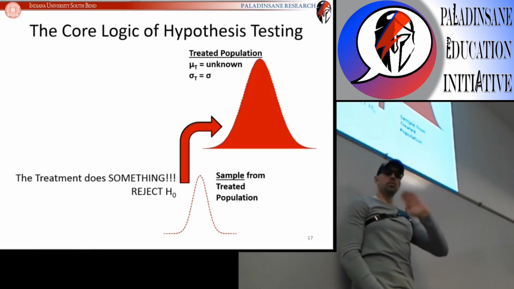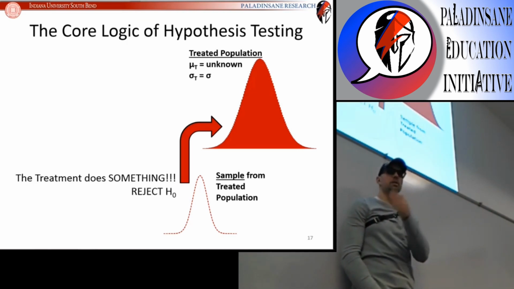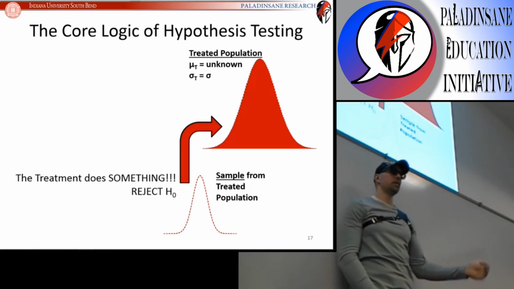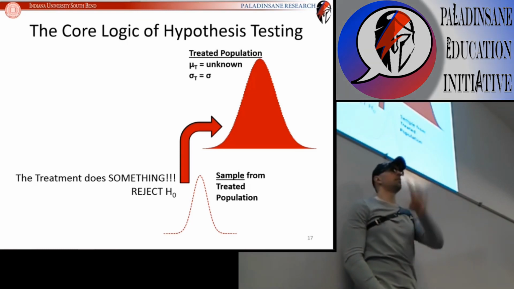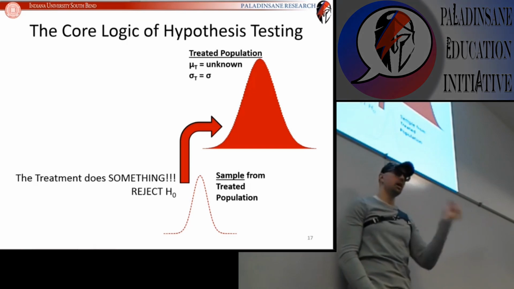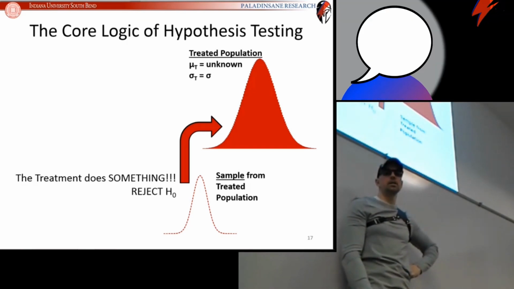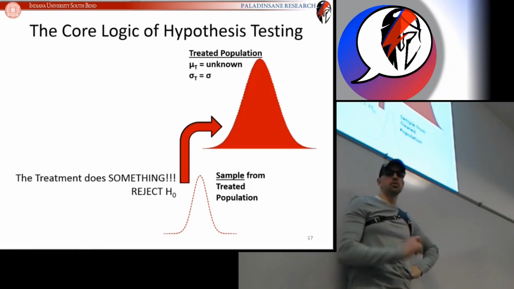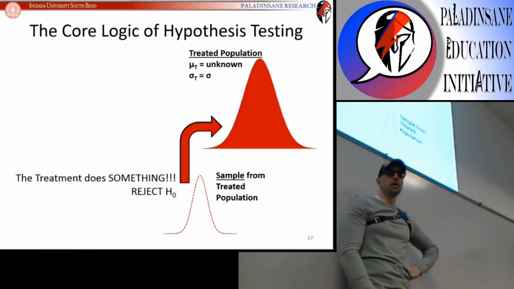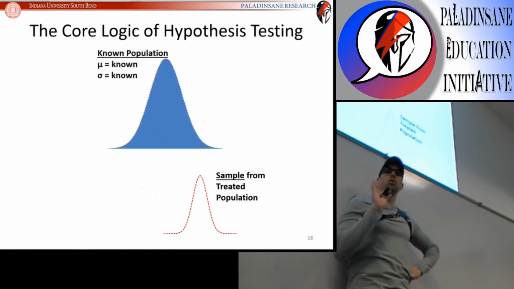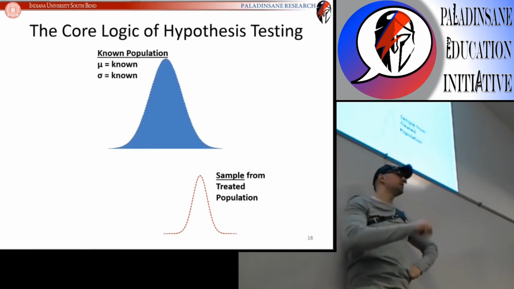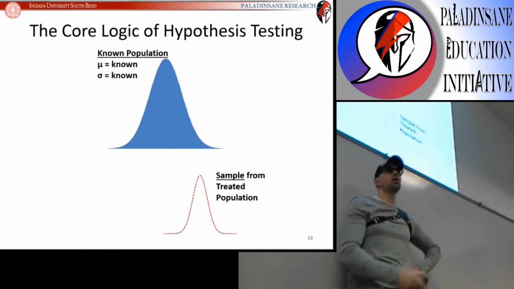But the big point is, if you reject the null hypothesis, you accept the research hypothesis. If you reject the research hypothesis, you accept the null hypothesis. You reject one, and you accept the other. All right, so if we reject the null hypothesis, it's because our treatment does something. So that's what we want to know. What population does this sample now belong to? Now that we've treated it, what population does it belong to?